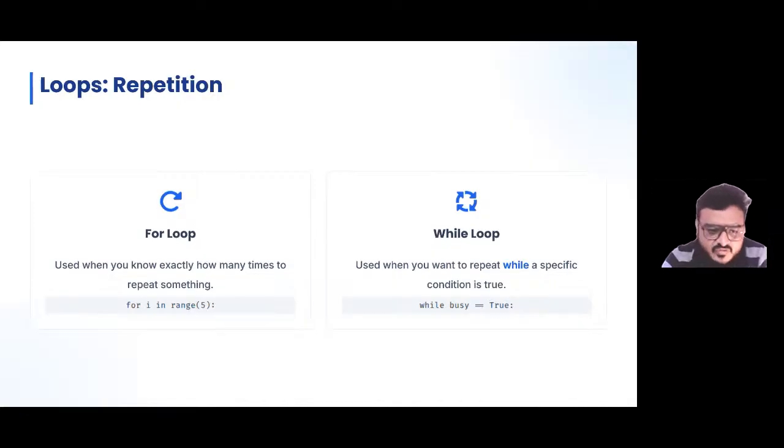For loop is used when you know exactly how many times your program will repeat. And while is used when we want to repeat something, but we don't know how many times our condition will be true.